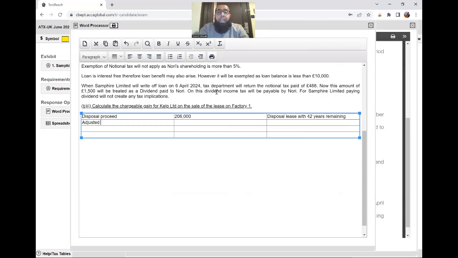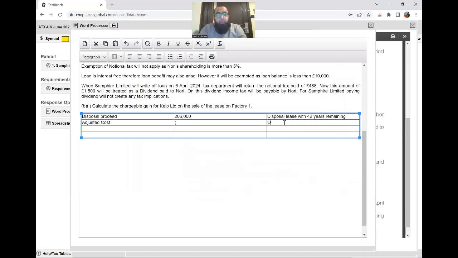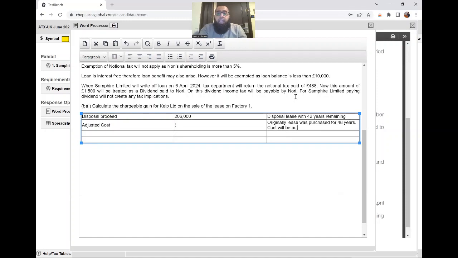Now we will deduct the adjusted cost. What was our cost? Our cost was 165,000. Calp Limited was assigned the lease, which means we purchased it for 48 years and paid a premium of 165,000. So originally the lease was purchased for 48 years. The cost will be adjusted. Now, how do we adjust the cost? Just look at it.